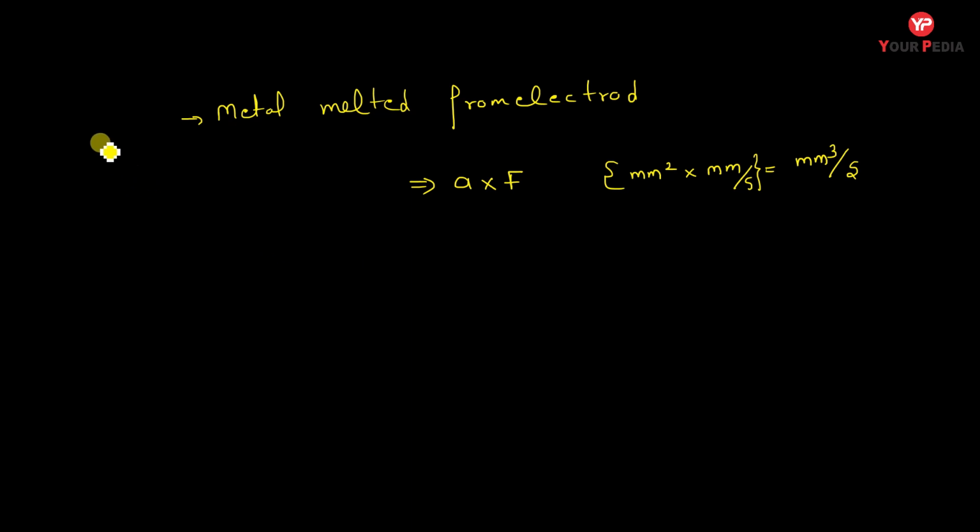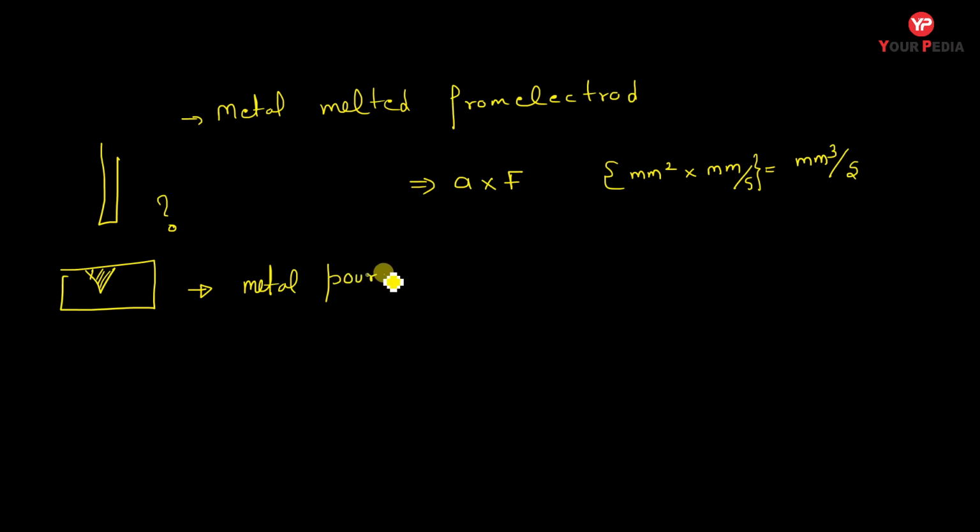Now when the metal melts from the electrode, where does this metal go? This metal only goes into the weld pool. So how much metal is poured per second in this, basically we can say in the weld bead.